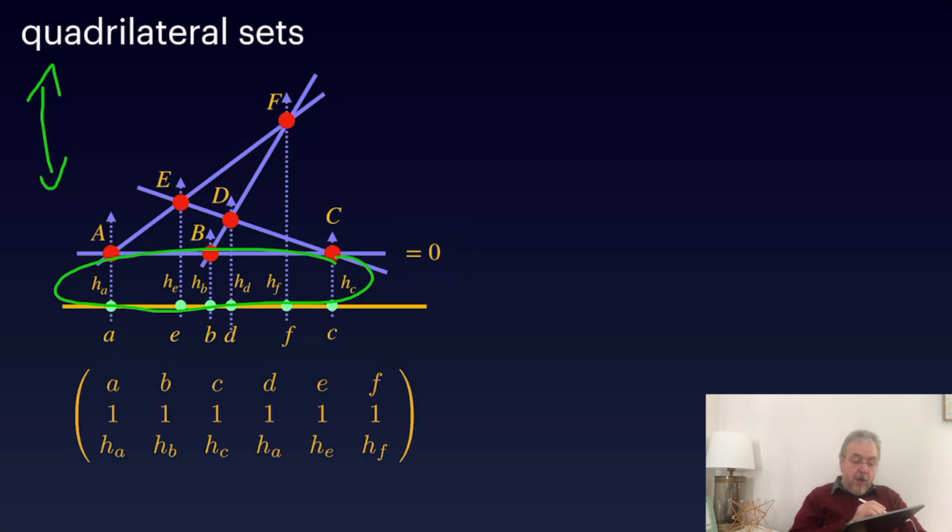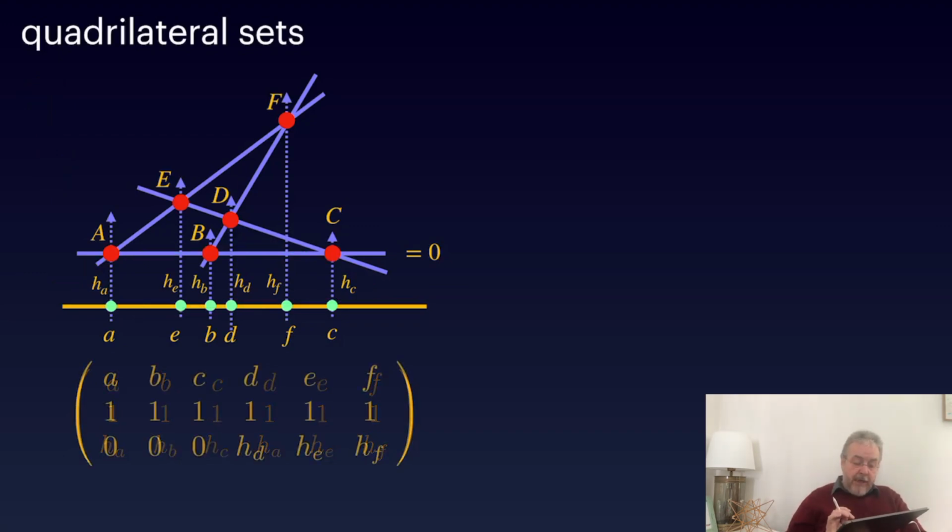So we assume these points here are sitting at an altitude of 0, which essentially simplifies our formula here. We get many zeros in here. So we still have to determine what are the heights of point D, point E, and point F.